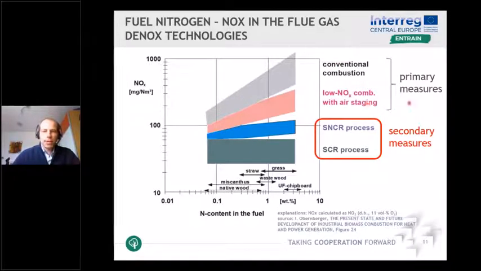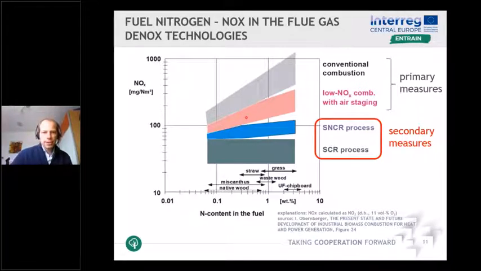With appropriate primary measures, like we heard today, air staging and appropriate control of the combustion, it is possible to get to values in the range of 100 milligrams per normal cubic meter.